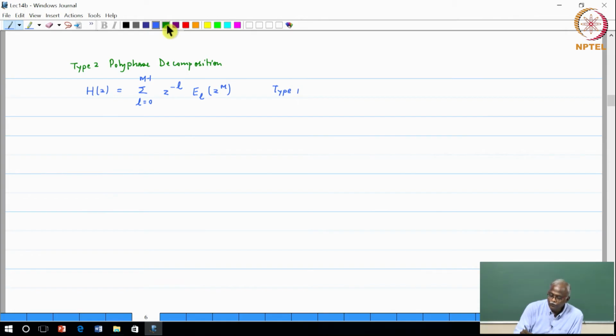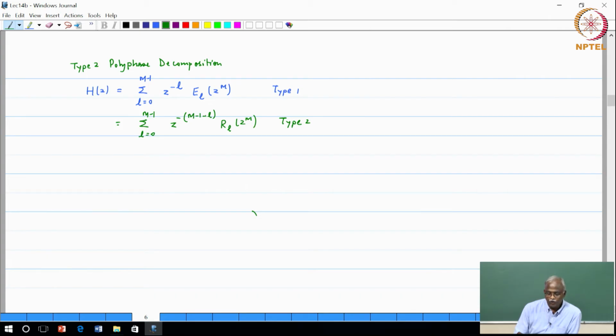Now, type 2 is summation L equal to 0 to m minus 1. I am writing them side by side so that you will see the difference: z power minus (m minus 1 minus L) times R L of z power m. This is type 2. So, what is the range of the polyphase components?